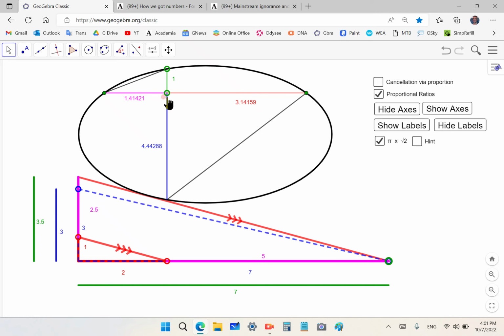It will be pi, and if we divide by pi, it will be this line here. What this is telling you in the geometry is that both these constant magnitudes, so I can just hide the labels, both the red line and the green line divide exactly into this blue line. Now, think about that very carefully.